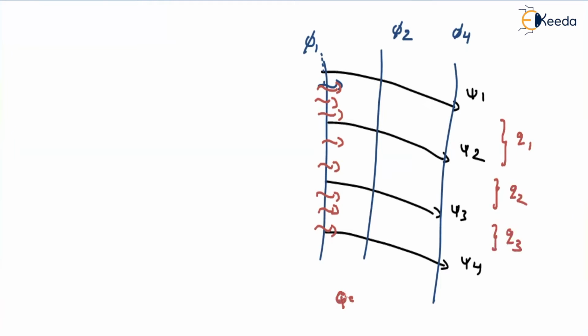So the total discharge will be Q1 plus Q2 plus Q3. First, I will find out the discharge happening through any two flow lines, and after that, I will find out for the entire set of flow lines.